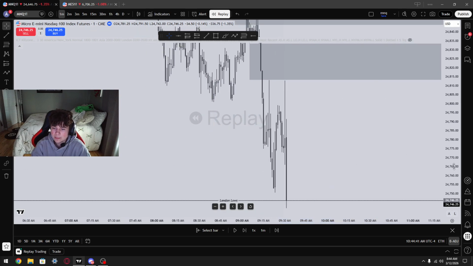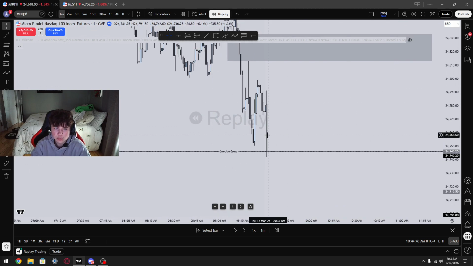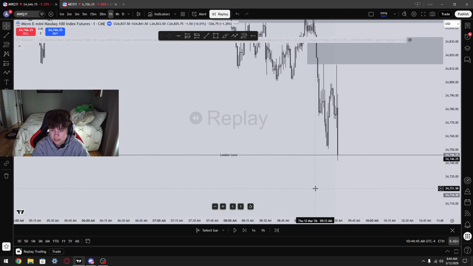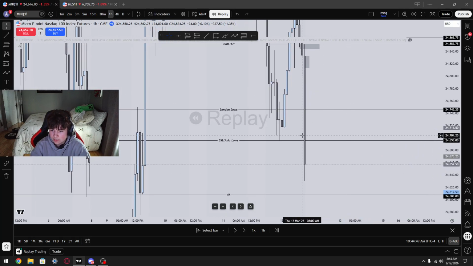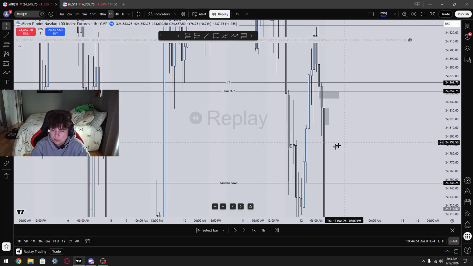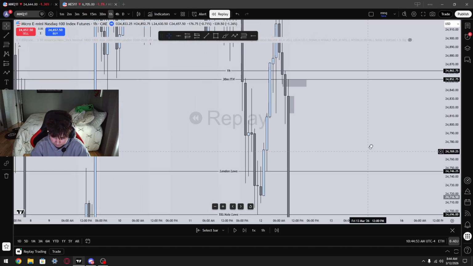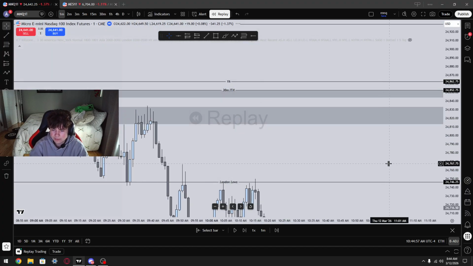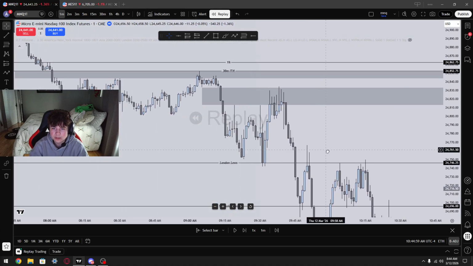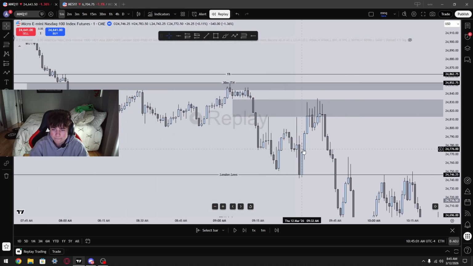We went lower. Instead, we swept London lows, and we're still inside of this hourly gap. Don't mind this whole candle, but at the time, we were still inside this hourly gap, still inside this 4 hour value gap. So I could still look for a long off of this. This is honestly a good opportunity to still look for longs, right?